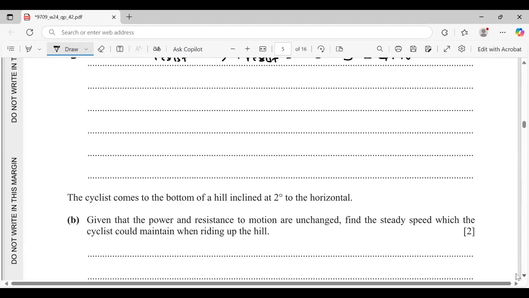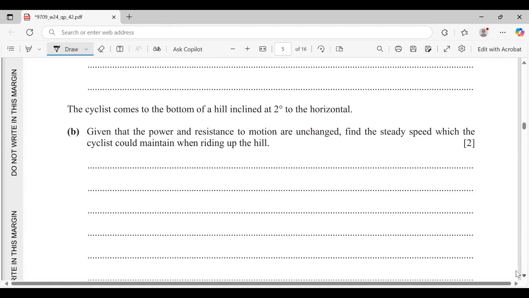Next question. The cyclist comes to the bottom of a hill inclined at 2 degrees to the horizontal. Given that the power and the resistance to motion are unchanged, find the steady speed which the cyclist could maintain when riding up the hill.